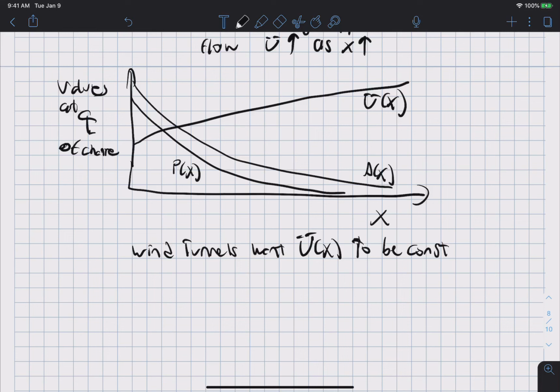That is, they do not want U to be changing as we go further and further down the stream, but the boundary layer messes that up. So how do they fix it? And the answer is, in a lot of cases, sometimes they will actually contour the wind tunnel.